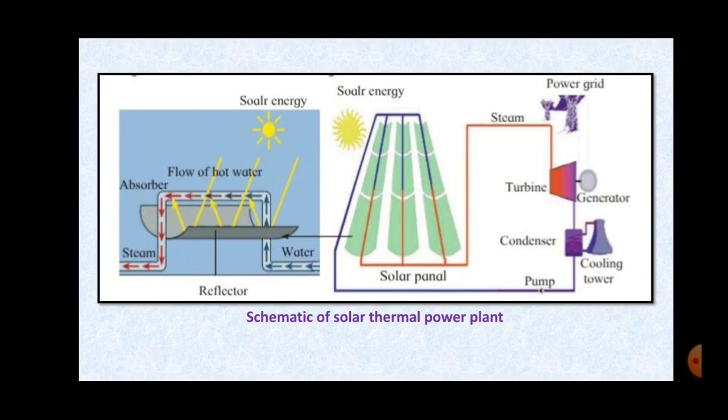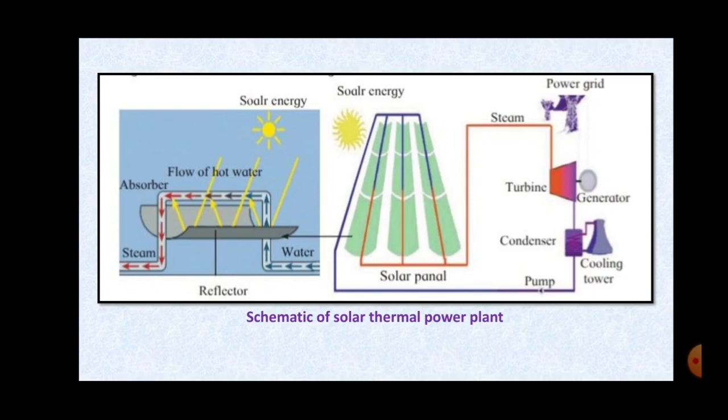There are reflectors which reflect the solar radiations, and the concentrators are there which concentrate this solar radiation, and it is absorbed by the absorbers, and the hot water is flown through it, and this water is converted into the steam due to the very high solar radiations, and then this steam is used to run the turbine, which in turn runs the generator, and the electrical energy is generated.